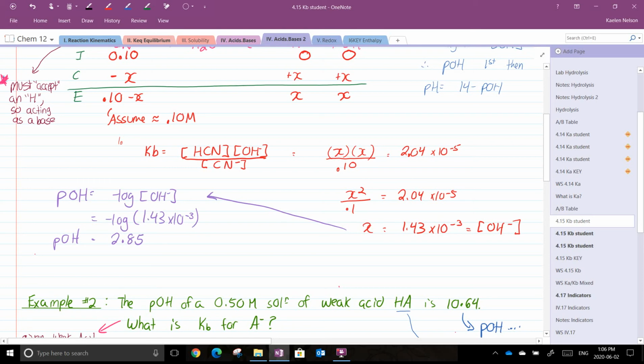Actually, that's the right number. It should have 2. And then my pH is going to be 14 minus 2.85, which will be 11.15. That is my answer for this question.